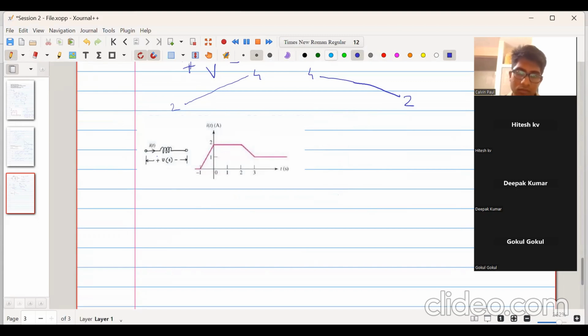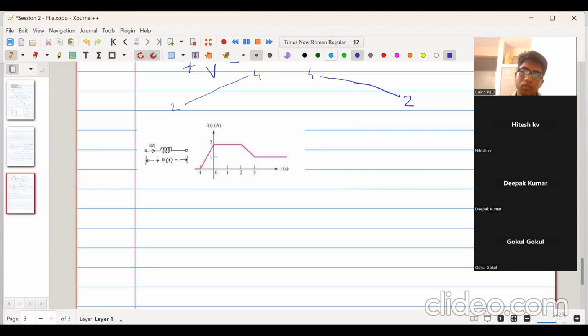In the question we got this time, the current was coming from the opposite direction: it was going into the inductor through the negative terminal, and the graph had current that was negative initially. That got me confused.